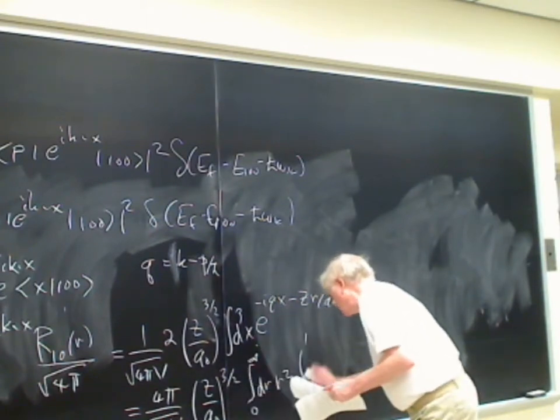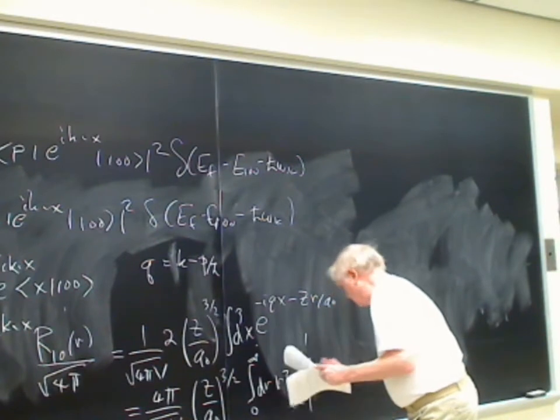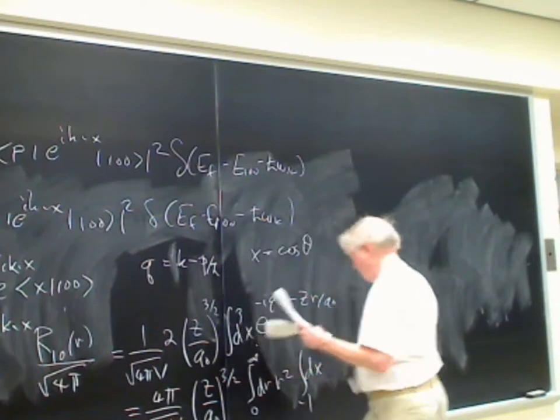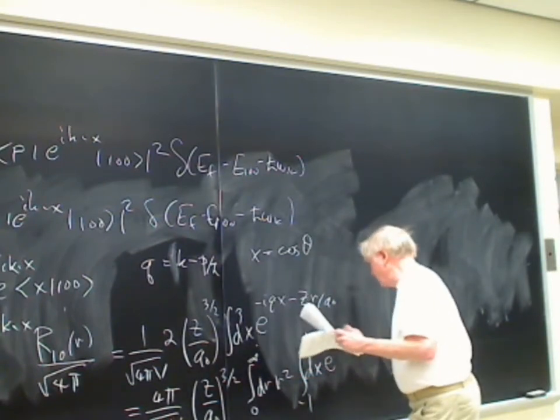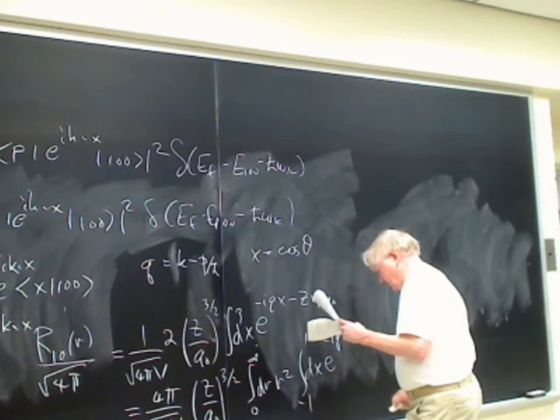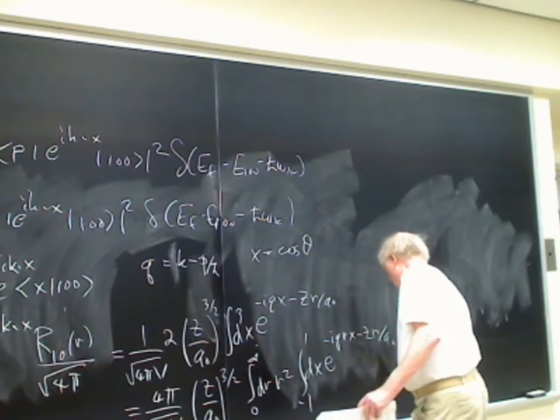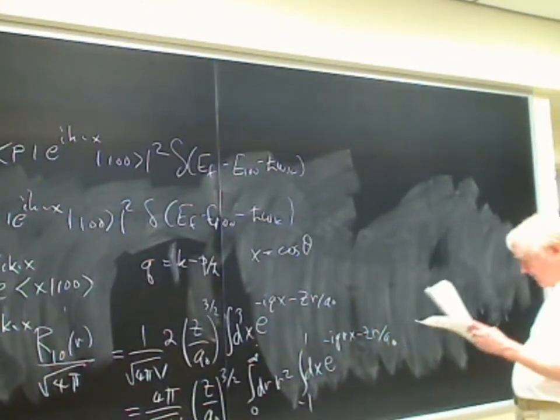Integral minus 1 to 1, let me just call it x for cosine theta, e to the minus i q r x minus ZR over A0. All right.